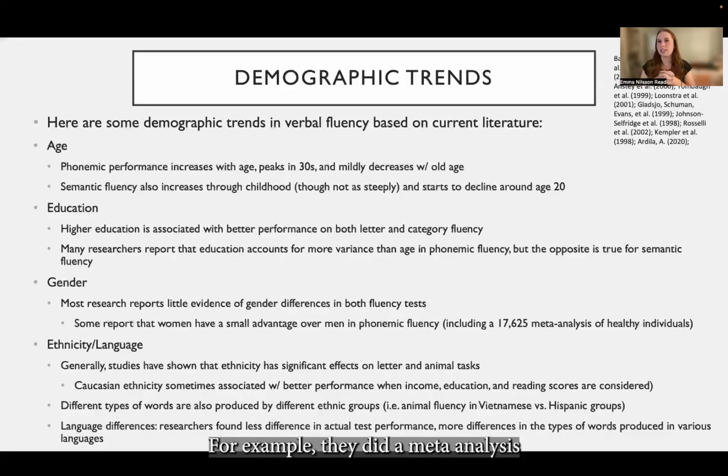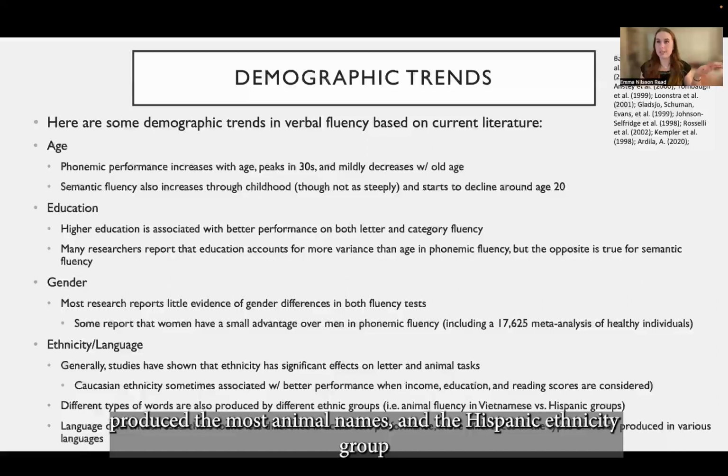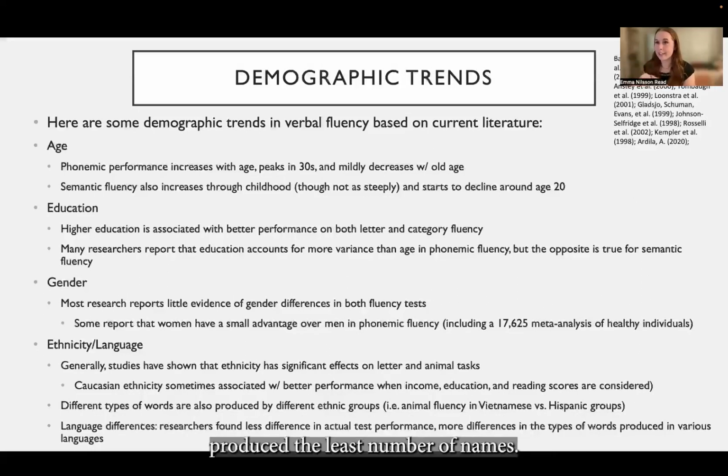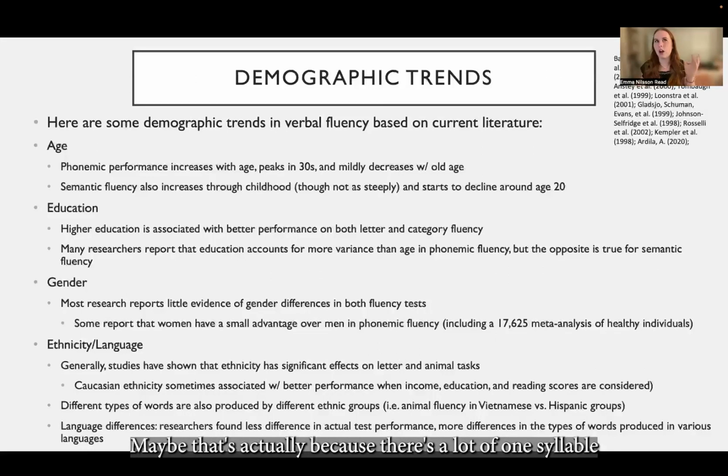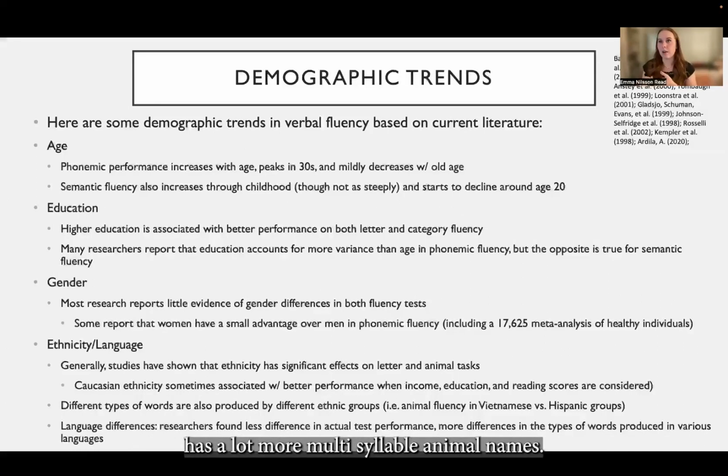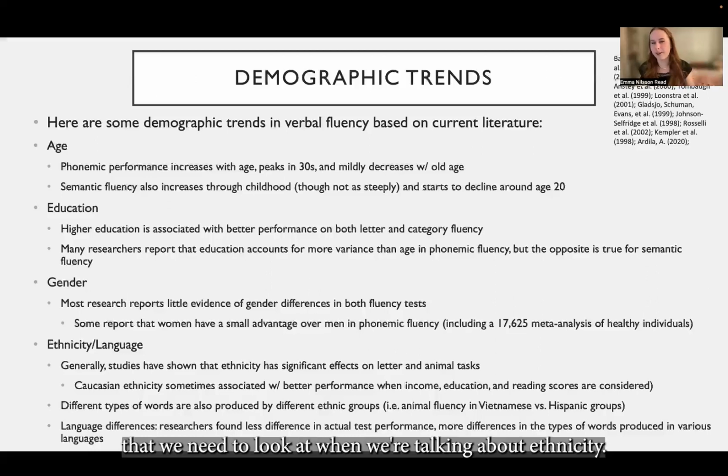For example, they did a meta-analysis on animal fluency in a bunch of different ethnicities, and they found that the Vietnamese ethnicity group produced the most animal names, and the Hispanic ethnicity group produced the least number of names. But when they looked at it, maybe that's actually because there's a lot of one-syllable animal names in the Vietnamese language, and Spanish has a lot more multi-syllable animal names. So maybe the Vietnamese group was able to say more because there were shorter words. So those are also some confounding variables that we need to look at when we're talking about ethnicity.